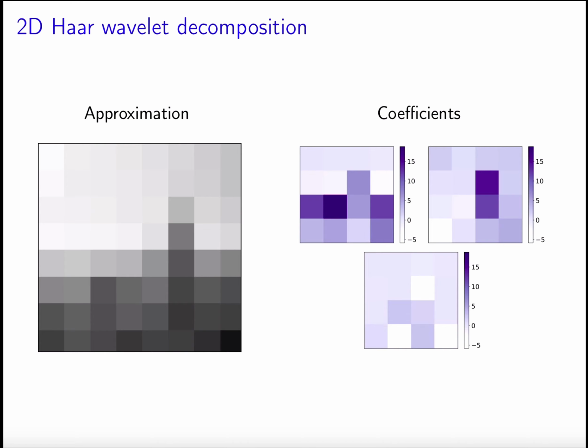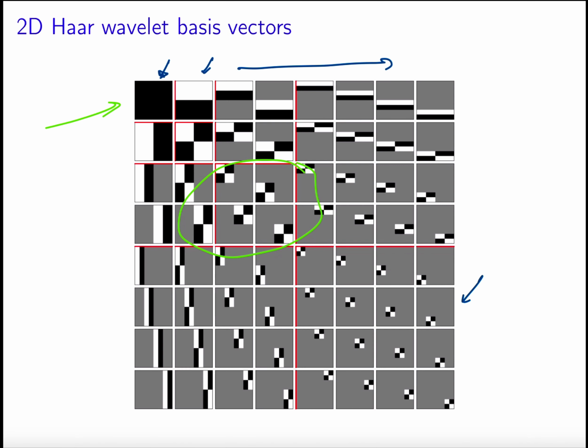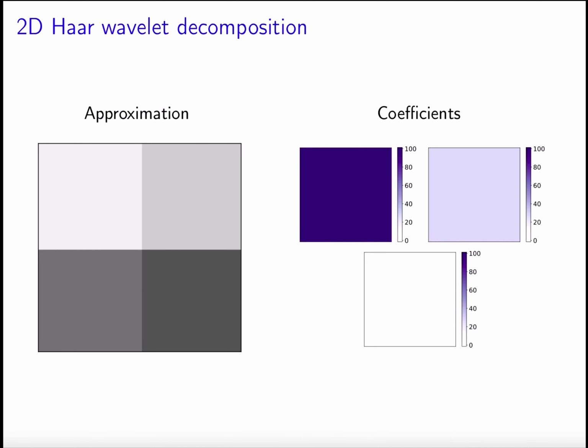Realize that because we're now in 2D and we can choose how to take these outer products, we're going to have filters that are more vertical. By filters, I mean wavelets that are more vertical, wavelets that are more horizontal, and wavelets that capture more diagonal structure. And that's what we're showing here.